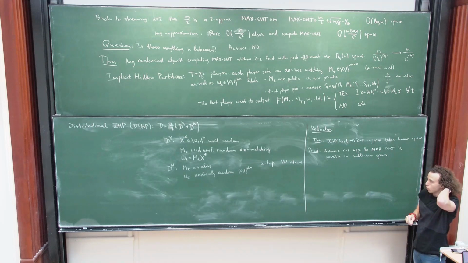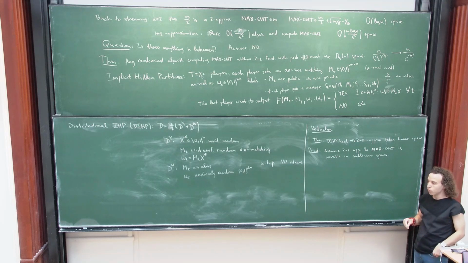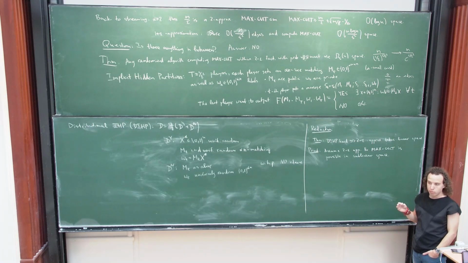Now we want to do the same thing I described before, but we want to only look at the edges which get labeled 1.